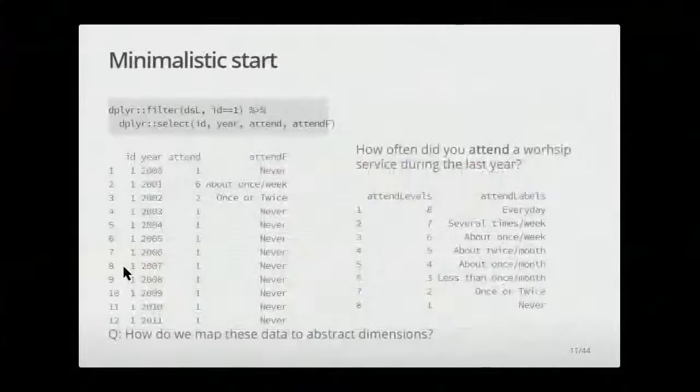So we start with a very, very simple data set, which contains only 4 variables and 12 observations. This is the entire data set for the first individual on these 4 variables. So these are all possible values of the attend variable. And right now we're asking our question: how do we map these data to abstract dimensions?